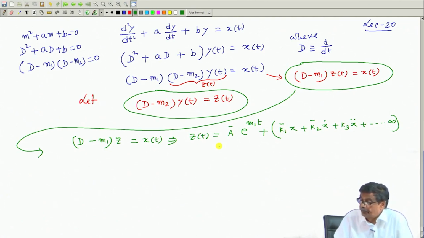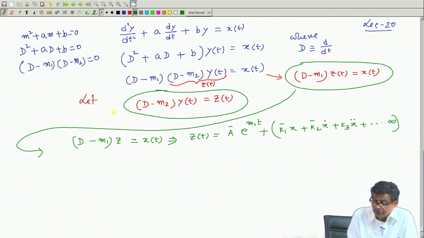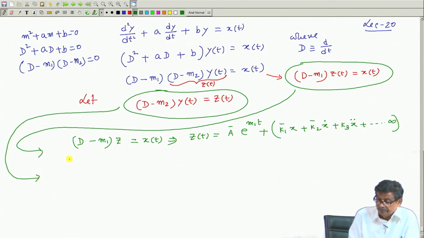So, z(t) can be obtained, and if z(t) is known, then I will come to this equation, which is another first order system.